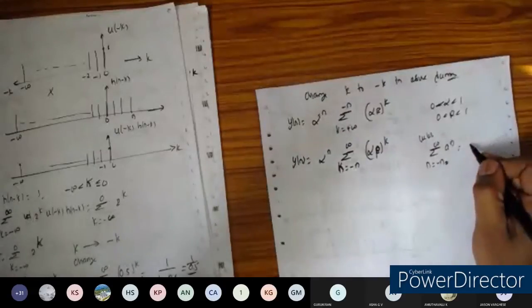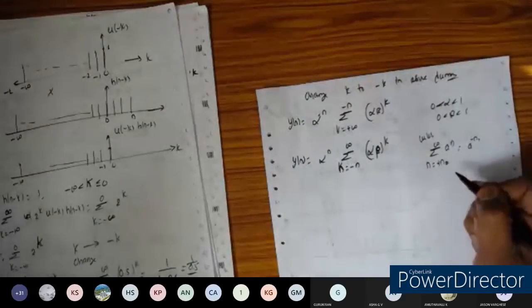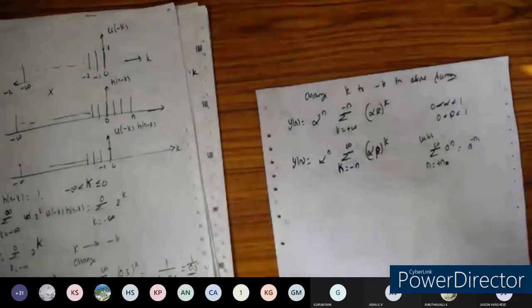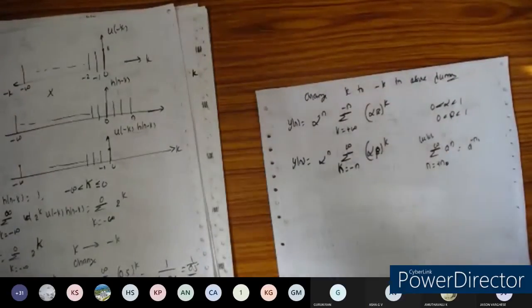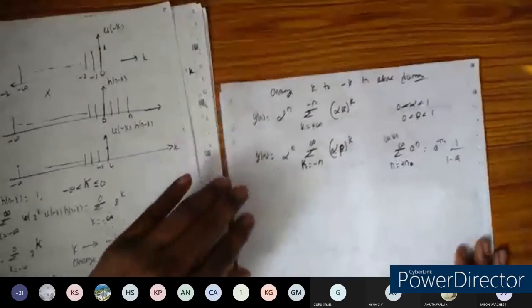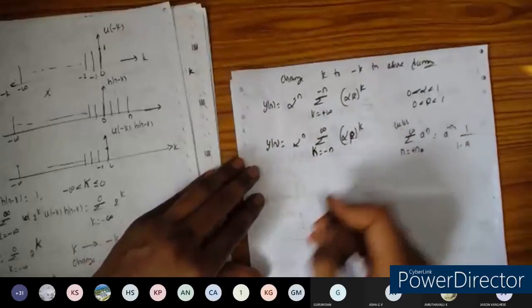This will be written as a to the power of minus n naught. Sorry, this is plus only. Let us take a to the power of minus n naught. This is the formula, right? Yes, sir. A to the power of minus n naught into 1 divided by 1 minus a. Done. Let us substitute here.